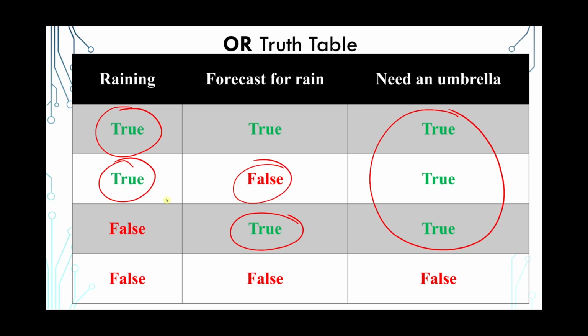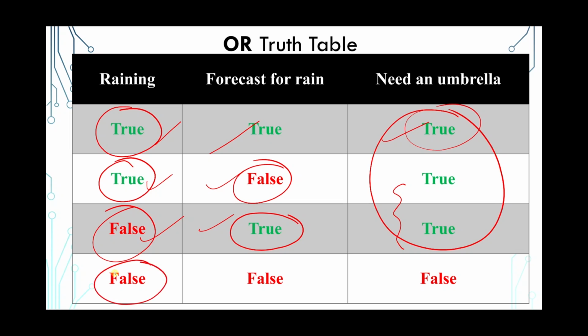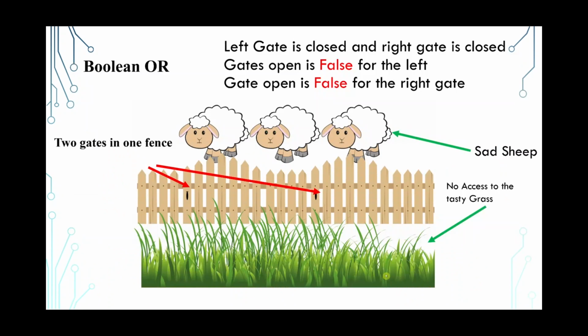Even if this one is false, we don't care. If both are true, definitely it's true, the total result, to take an umbrella. If either of them is true, then it's definitely true. If both are false, then the total result is false.